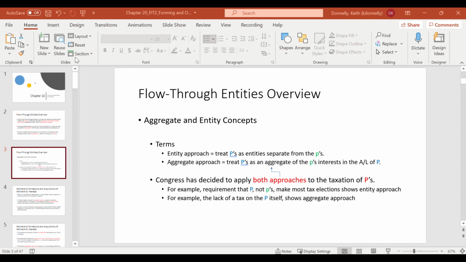One way this approach is effectuated is through the fact that the partnership itself doesn't pay taxation. Instead, it flows through to the owners, right? That's the aggregate approach. This is really the partnership as just a collection of ownership interests. In that way, when the partnership makes money, it itself is really just a conduit for its owners.